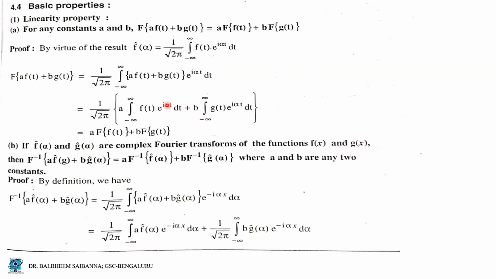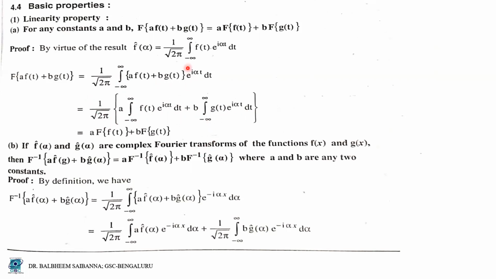Now this 1 divided by square root of 2 pi is multiplied by this integral and this integral, so we get 1 divided by square root of 2 pi, then a times the integral from minus to plus infinity of f of t e to the power of i alpha t dt, and this is also there.